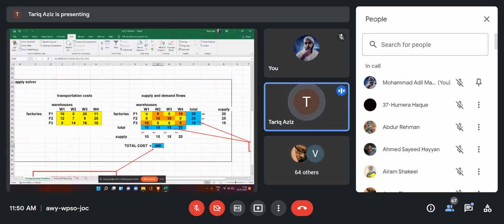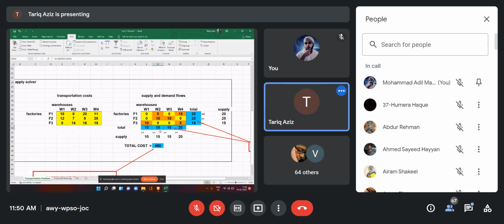Now this matrix has been filled out. For example, the demand of warehouse 1 is 10, and that demand will be met from factory 3, so factory 3 will supply 10 units to warehouse 1. Similarly, warehouse 2 has a demand of 15.